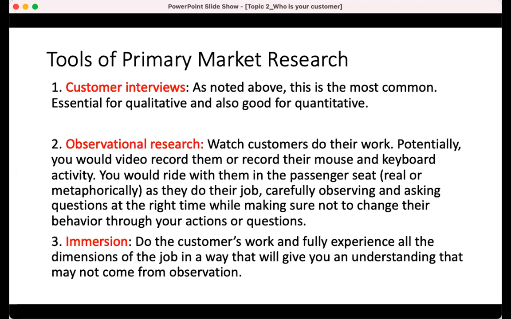Okay, now, instead of observing, the third point is you yourself wear the customer's shoes to go and do the customer's work. You fully experience the struggle that your customer went through, right? So we call it immersion. You can be working part-time, just try to be a customer, right? Walking into the Maxis or Digi store and trying to buy a SIM card and writing down all the experiences that you went through as a customer, as though you are the real subscriber who wants to subscribe to internet services with, let's say, Digi and Maxis.